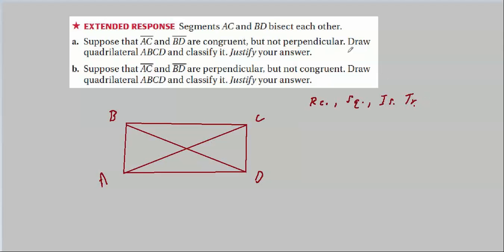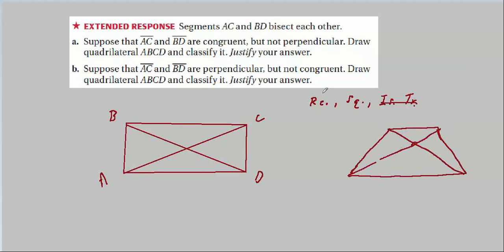I think those are our choices. However, although the diagonals in an isosceles trapezoid are congruent, they don't bisect each other, do they? No. It's easy to see why they wouldn't. Draw a simple little trapezoid. Heck, it looks more like a mesa in the southwest, doesn't it? Anyway, as we draw these, I think it's pretty easy to see that that's not a midpoint, so we can forget that. That means we've got a rectangle or a square.